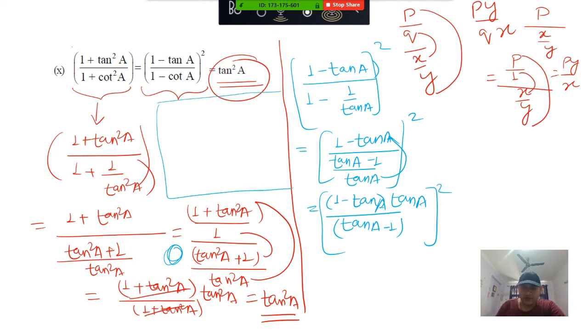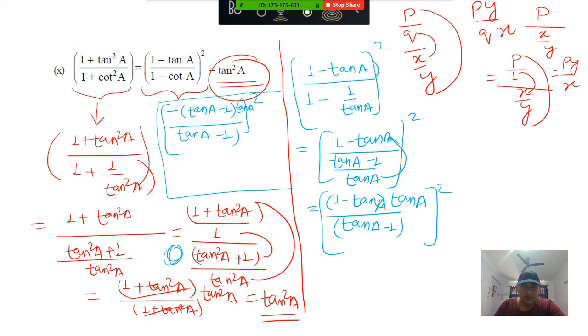Good. So what is happening now? This is 1 minus tan A, this is tan A minus 1. So we will take the minus sign common here, and this term also becomes tan A minus 1. We have a big bracket with the square here, and the tan A is also written inside the square, and this is tan A minus 1.